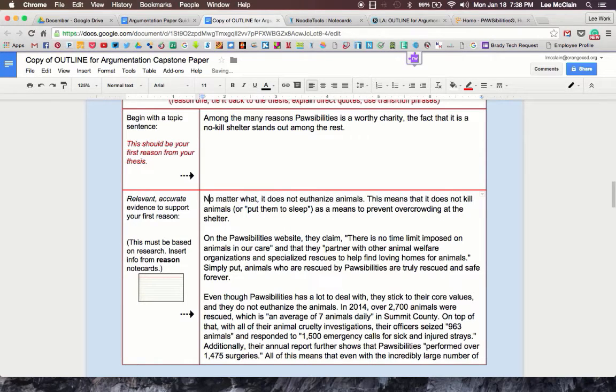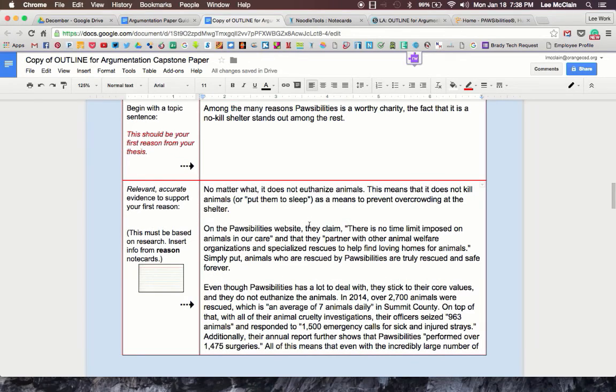No matter what, it does not euthanize animals. And when I was reading this and taking notes on it in my NoodleTools, the website actually told me what the word euthanize meant, and it means that when you kill or put animals down as a means to prevent overcrowding at the shelter. On the Possibilities website, see how, I guess I did this naturally.